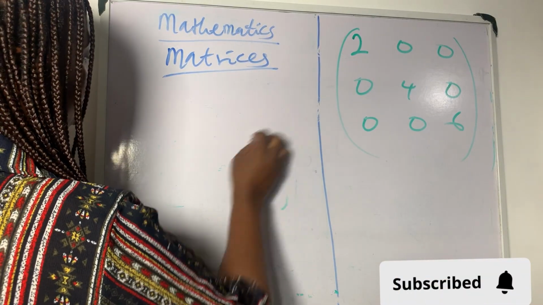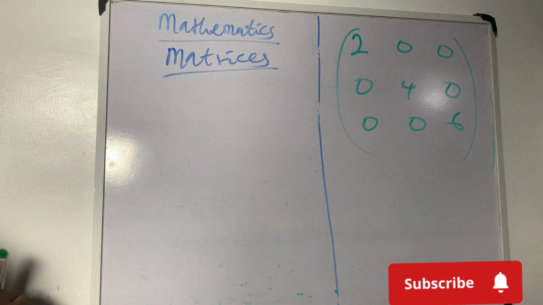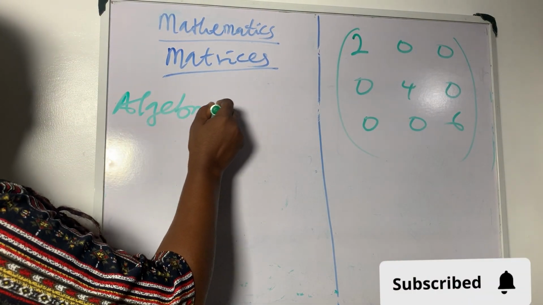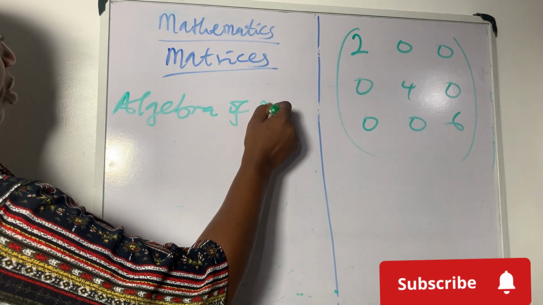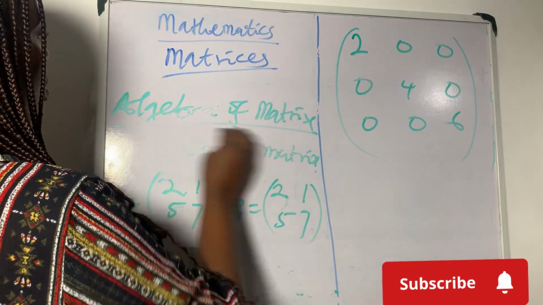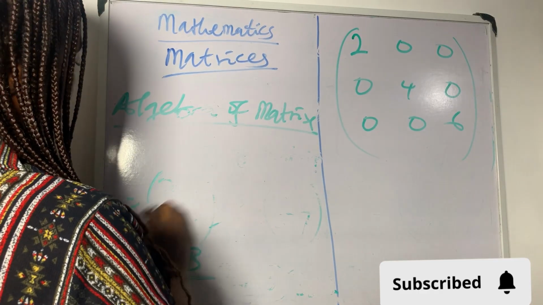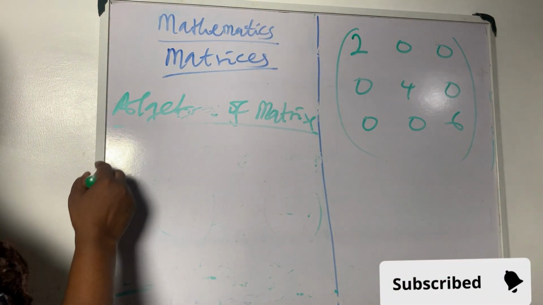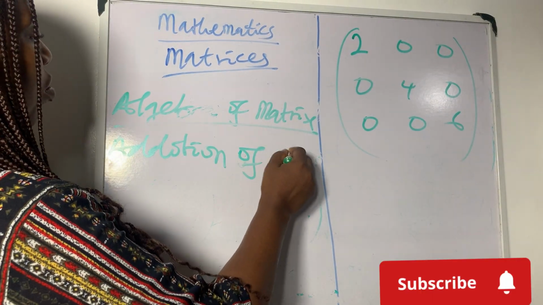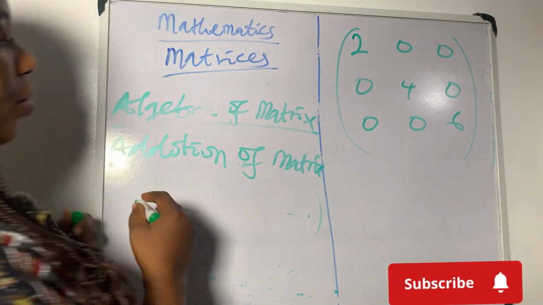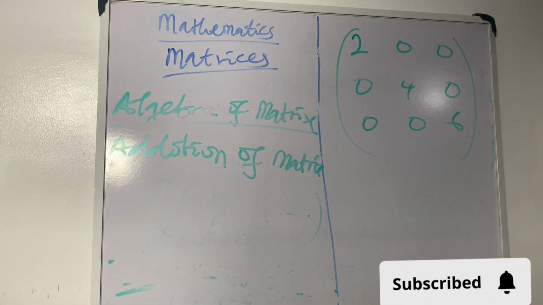Now let's quickly go to algebra of matrices. The first is addition of matrices. We can only add two matrices if and only if the corresponding elements are of the same order.